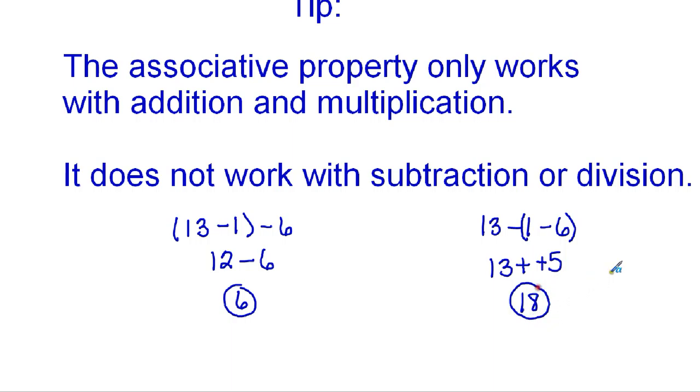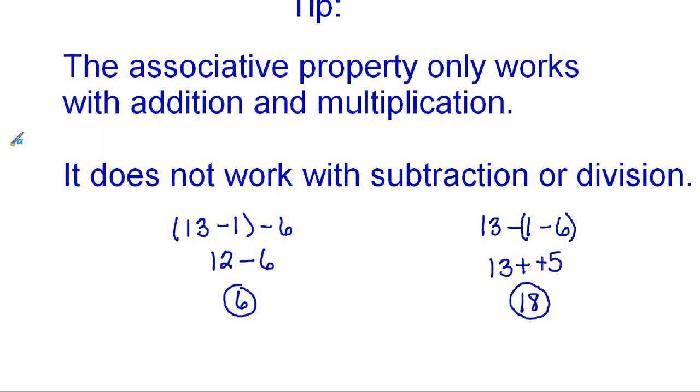So notice that when I changed the parentheses, I didn't end up with the same answer. I ended up with a completely different answer. And therefore, we cannot use the associative property with subtraction or division. We can only use it with addition and multiplication.